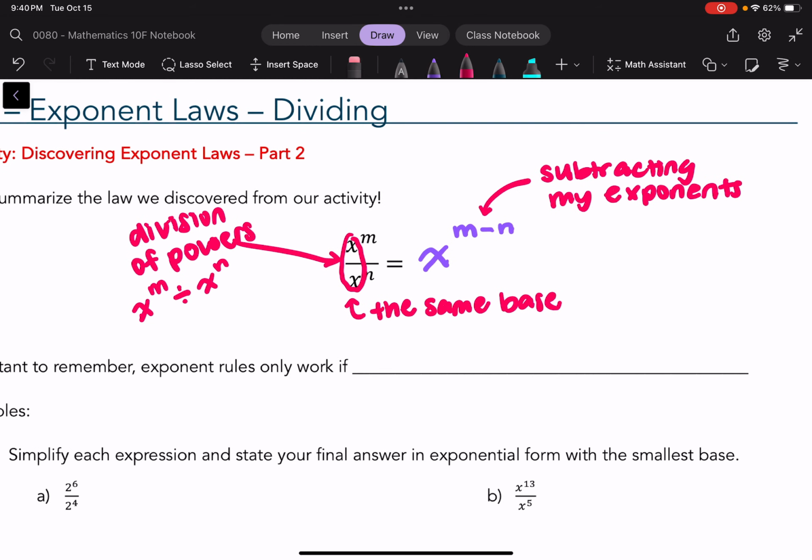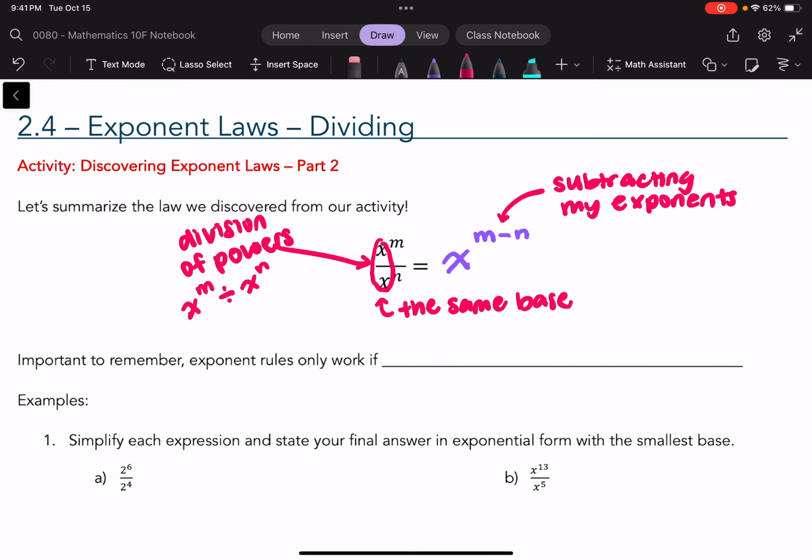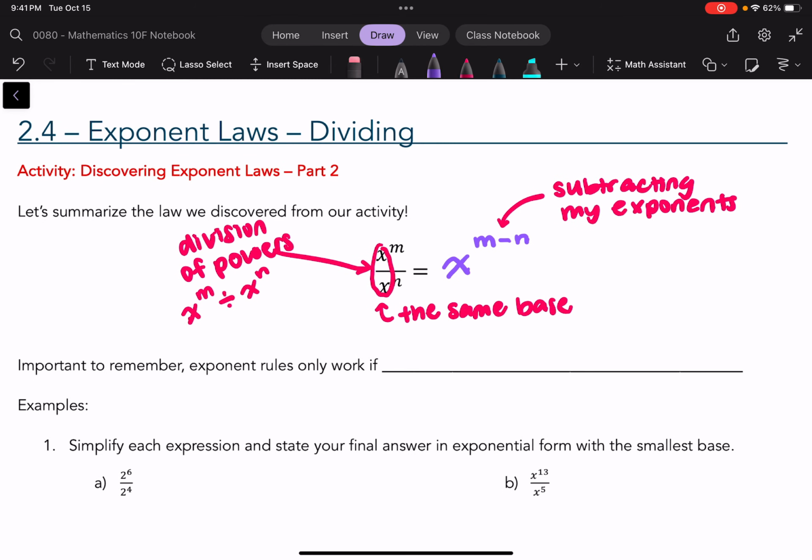Now, this exponent law, like all other exponent laws, is just a shortcut for the long written out version of things. We'll look at the first example later. But really, really important is that exponent rules only work if the powers have the same base.